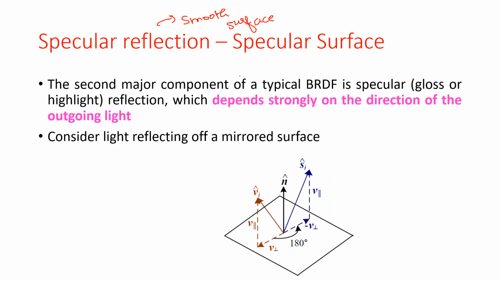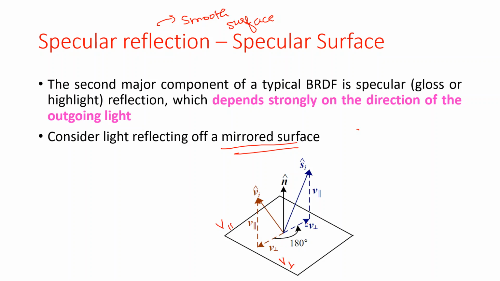Then in case of specular reflection, we have a smooth surface; I am going to consider a mirrored surface. If the light hits the mirror, the reflection will be different from the rough surface. So consider this as a smooth surface or mirror. Whenever light hits, this Vi represents the incident one, and it will be reflected. So this represents V parallel and this represents V perpendicular.